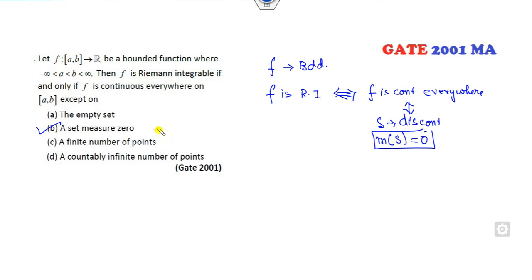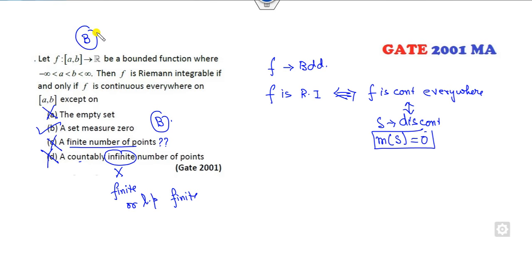A finite number of points is not the only possibility. A countably infinite number of points is wrong; it must be countable with a finite number of limit points. That's why the empty set option is cancelled. Only option B is the correct option of this problem.